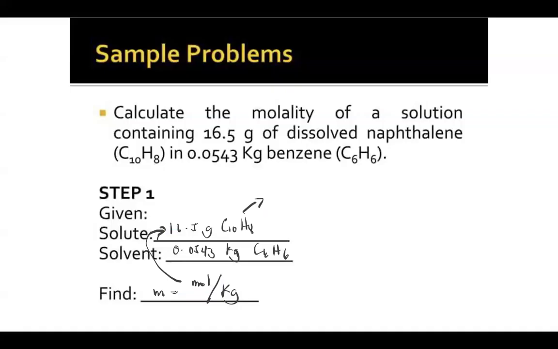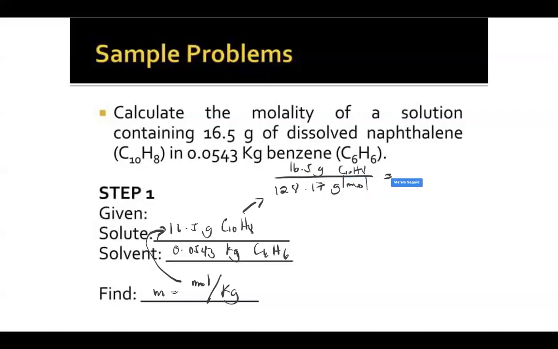Let me write it down directly already. So carbon on your periodic table is 12. So times 10, that's 120. And then 8 hydrogen. So approximately that is 128.17 grams per mole.